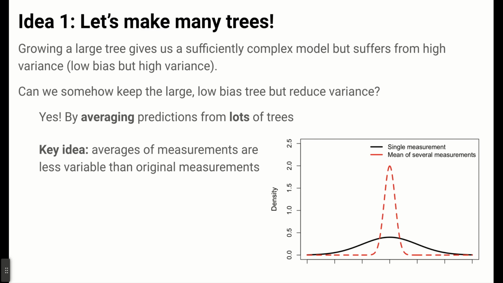Note how the width of the sampling distribution is much smaller than that of the original measurement. And larger sample sizes would result in a sampling distribution that is even more narrow. So in this context, the black distribution represents predictions from single decision trees, and the red distribution represents predictions resulting from averages of predictions from single trees.